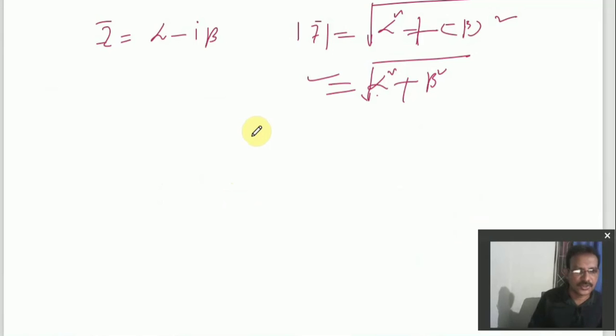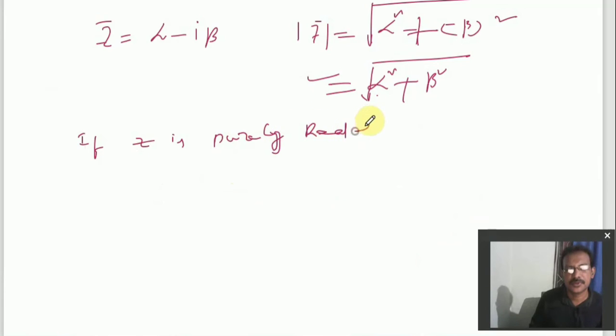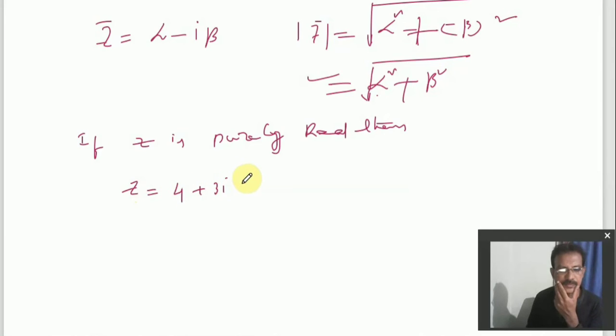If z is a purely real number, for example z is equal to 4 plus 3i, it is a complex number.